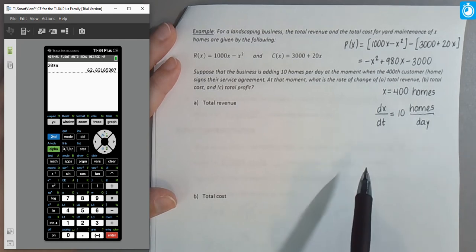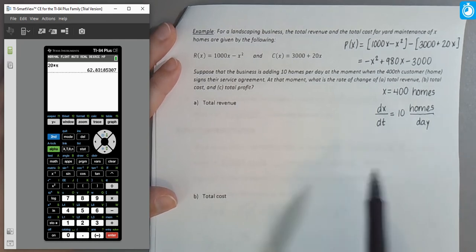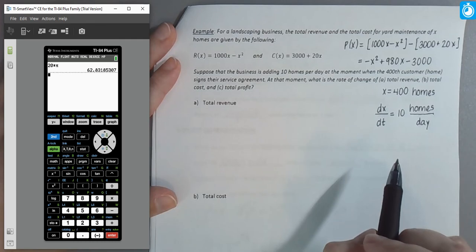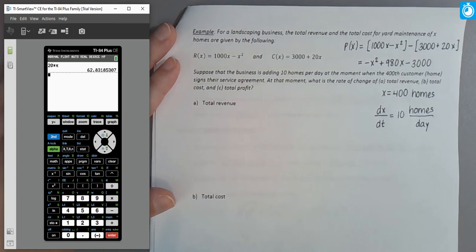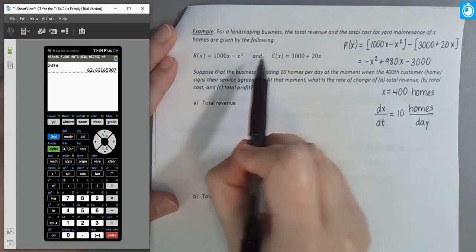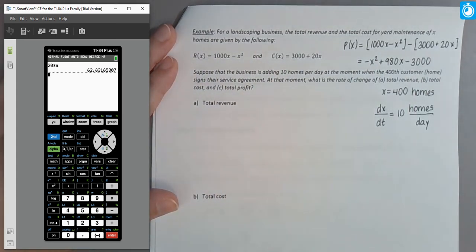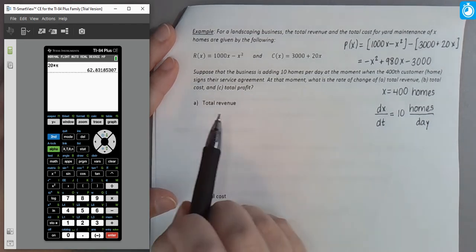That's what we're averaging. So the question is, if this is the scenario, if this is what's happening at this particular moment, how does that affect our revenue, our cost, and then our profit? Well, we have our functions now, so we already know what we need to differentiate. How are we going to differentiate though? Well, we have to keep in mind the relationship among the variables. So what about revenue?